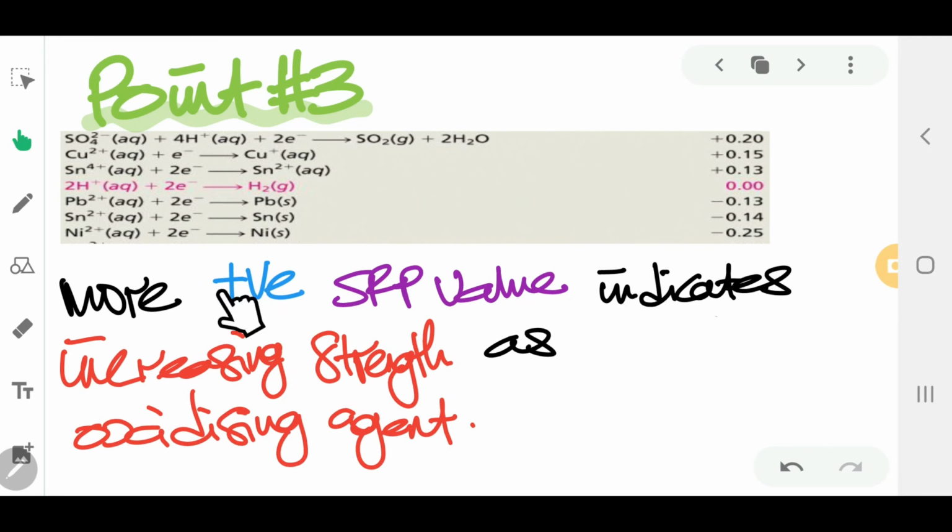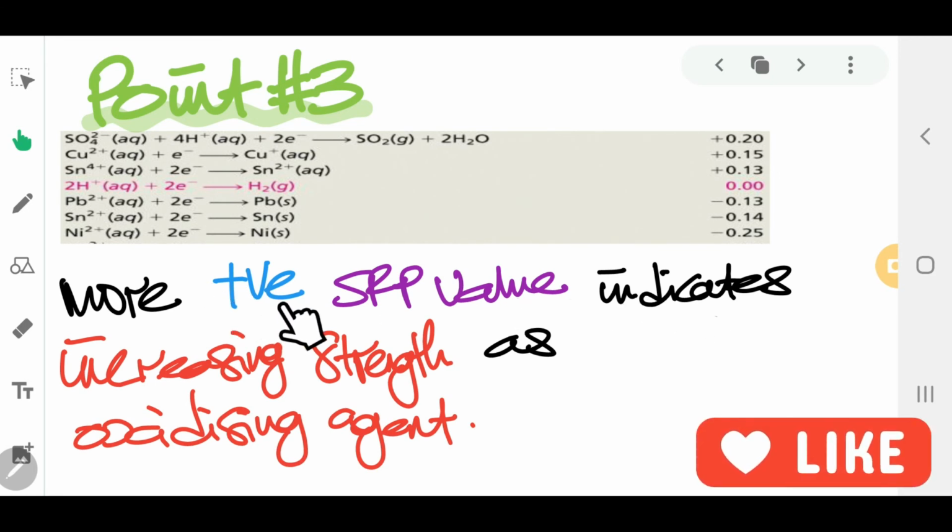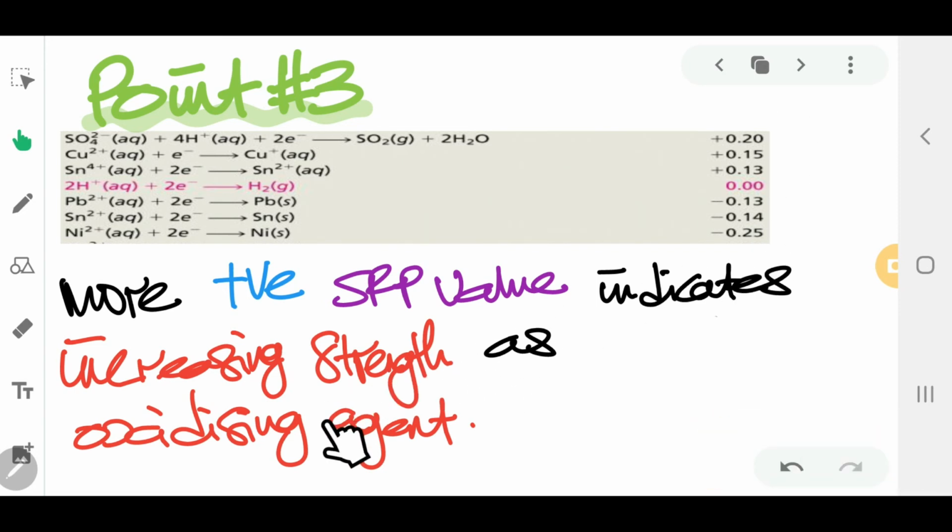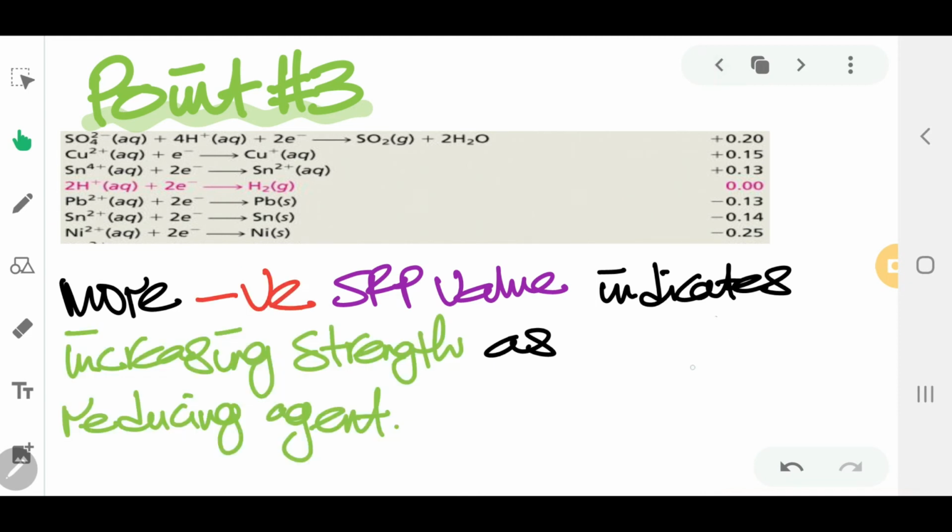And if you have a more positive SRP value, if you go up, it will indicate increasing strength as oxidizing agents. It's just the opposite of what we have in here.